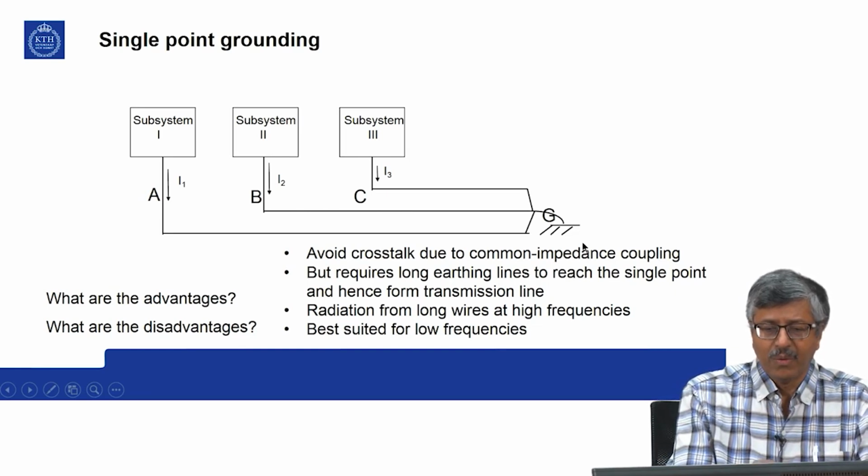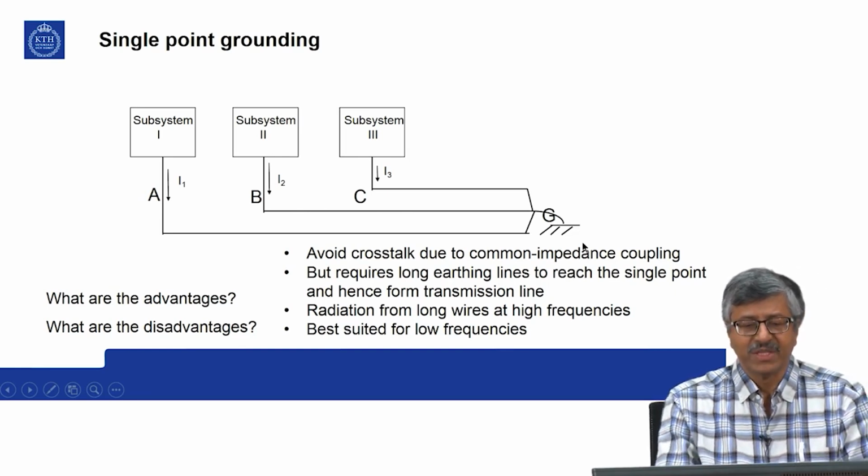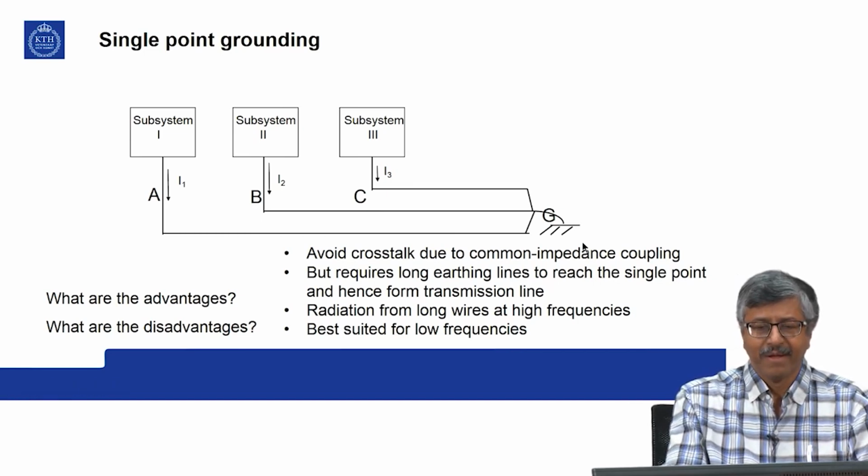Now what are the advantages of this type of scheme? One advantage is obvious. In chapter 4, while talking about crosstalk or near field coupling, you might have come across common impedance coupling.